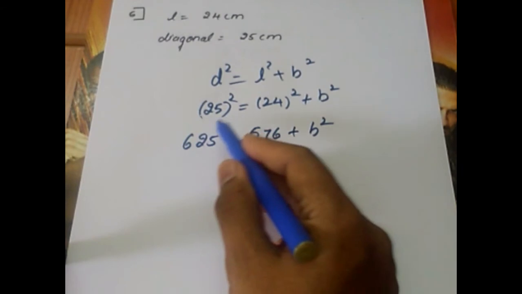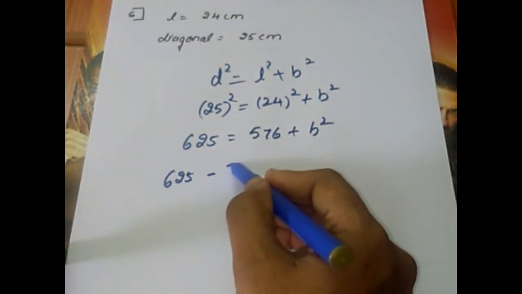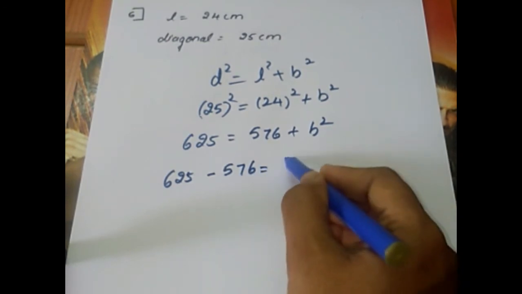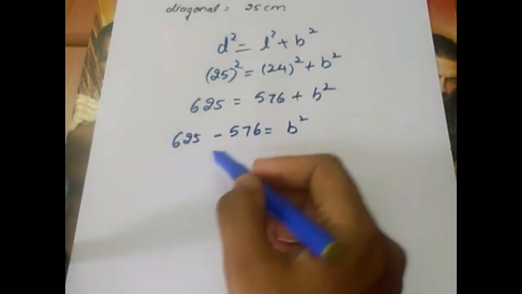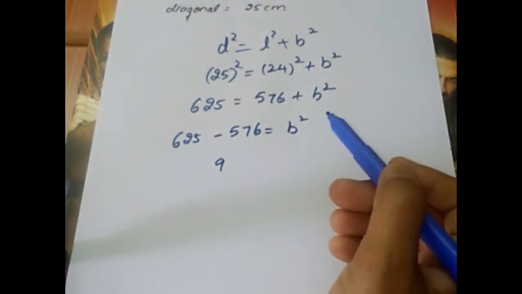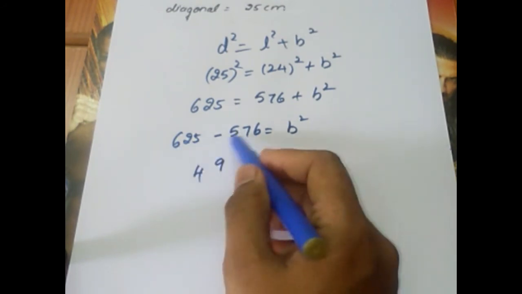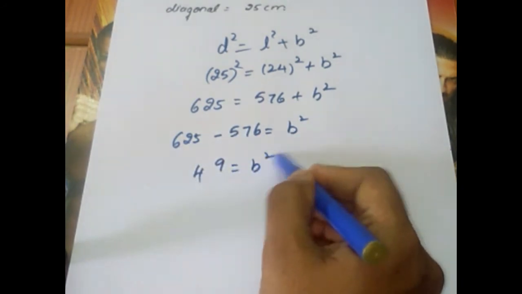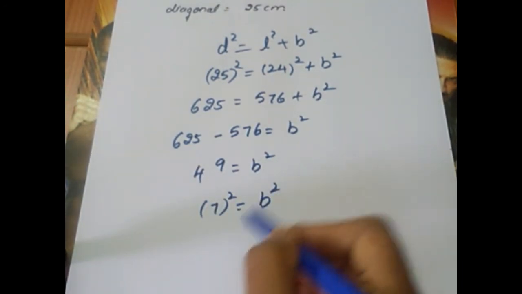Now bring this 576 to the left hand side, that is 625 minus 576, that is equal to B square. Now, 15 minus 6 is 9. 11 minus 7 is 4. 5 minus 5 is 0. 49 is B square. So 49 can be expressed as 7 square.